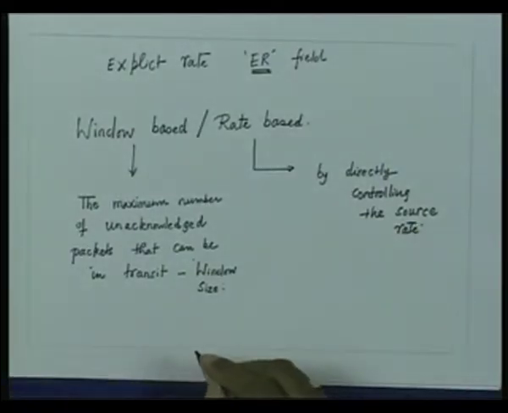So, a rate based congestion control mechanism operates by directly controlling the source rate, and a window based congestion control mechanism operates by limiting the maximum amount of unacknowledged data that can be in transit.